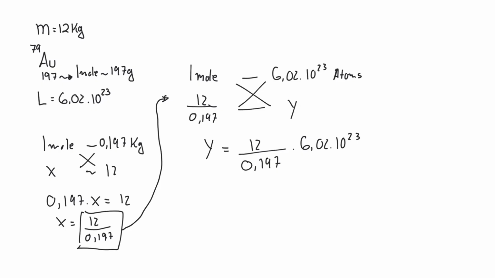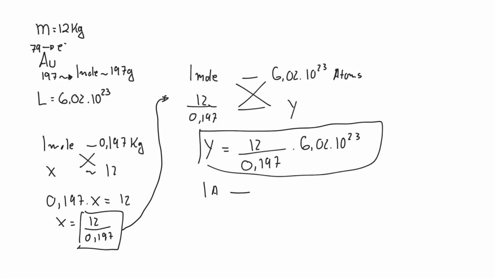Now, to calculate the charge in all electrons, we have to do one thing, which is the following. Notice that each gold atom has 79 electrons. Therefore, we can say that one atom has 79 electrons.